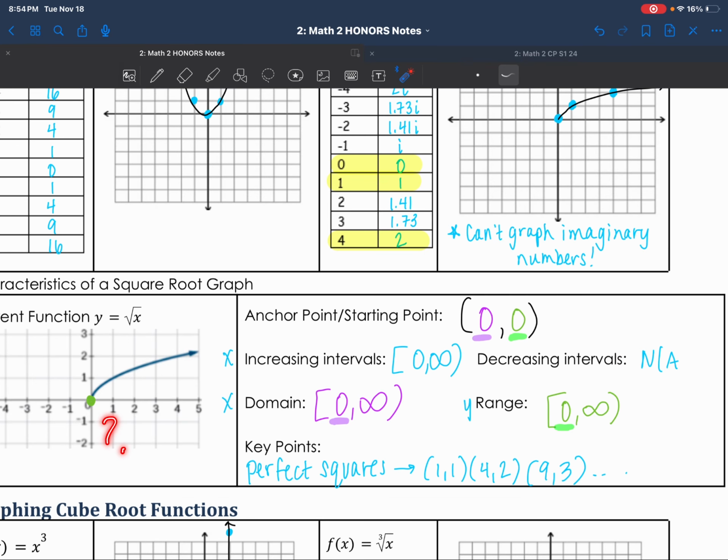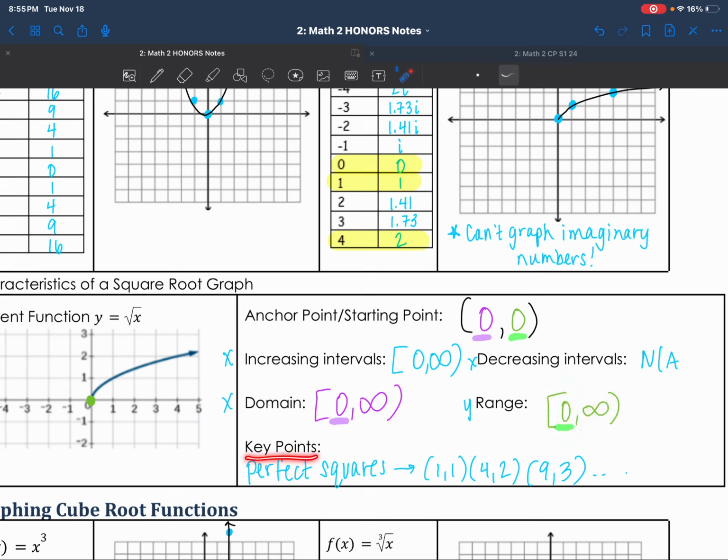There's no decreasing interval because there's nothing underneath your x-axis, so we don't even have to worry about that. You just put NA. And then for range, you're looking at your y-axis. It starts at 0 and then it goes up, so we would put closed 0 to infinity because it goes up to infinity.